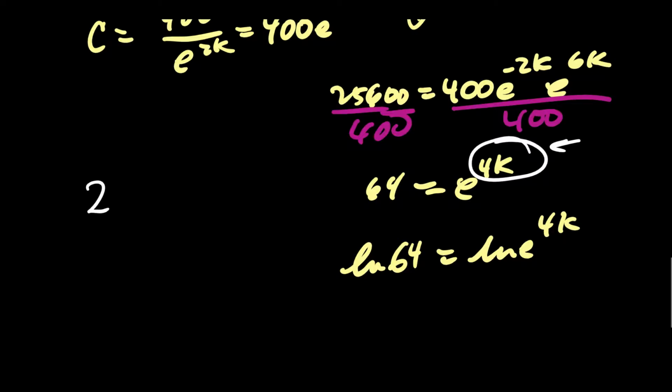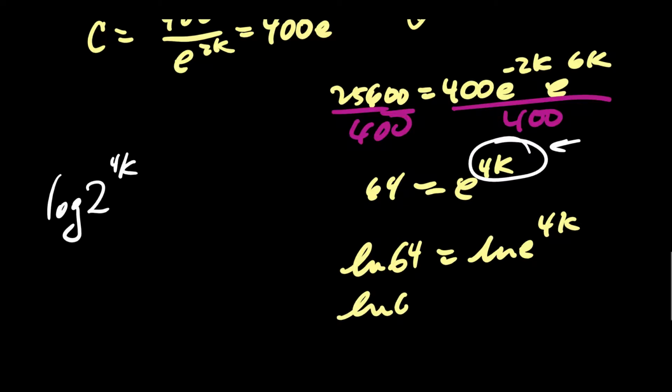If it were something like 2 to the 4k, you would use log instead. But since it's e, natural log is much easier. If you have a question about that, email me. I don't have a problem explaining it to you in further detail.